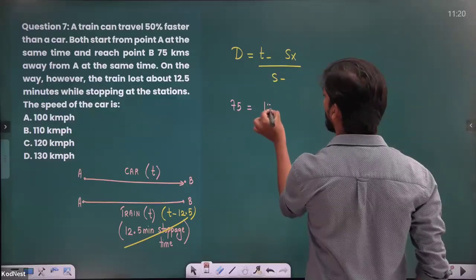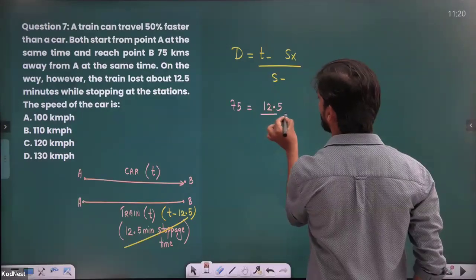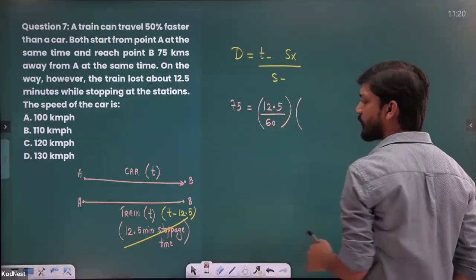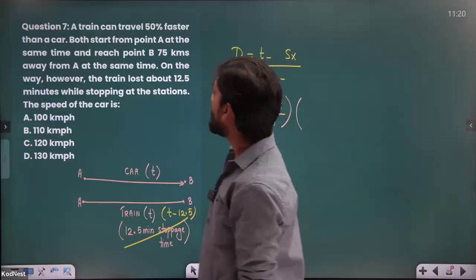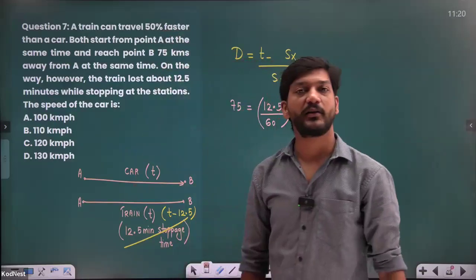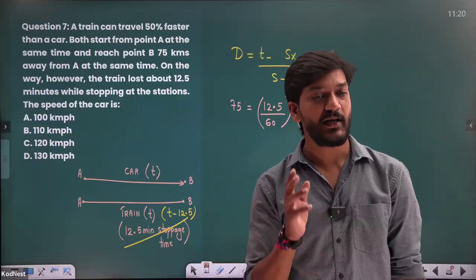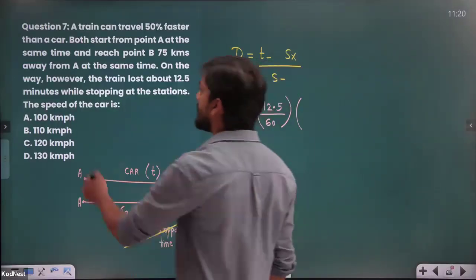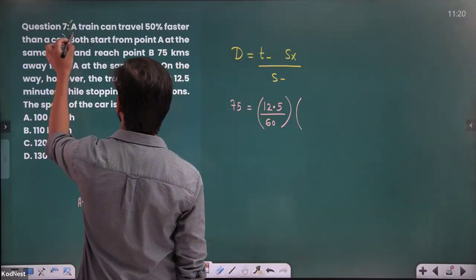So 12.5 divided by 60 is the time difference. Okay. What is the product of the speeds? Have they given the speed? No, they have not given the speed. You tell me. They have given a relation. A relation also will be sufficient to answer.